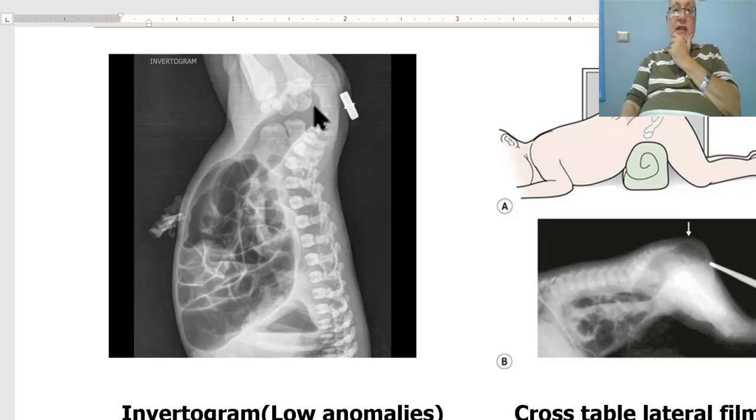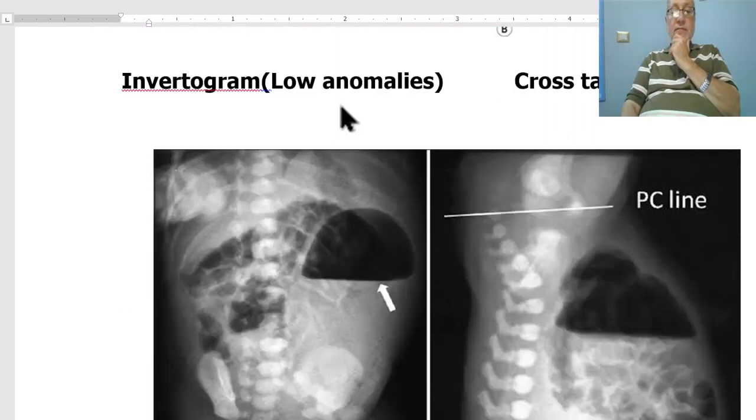If this distance is below 15 millimeter, it is a low anomaly. If more than 15 millimeter, it is a high anomaly.